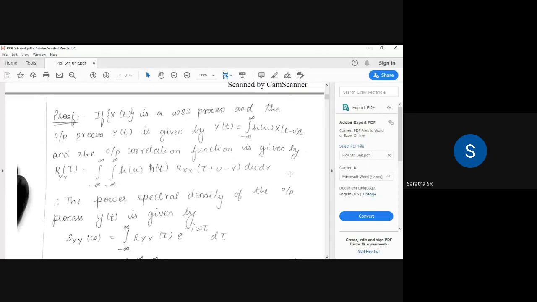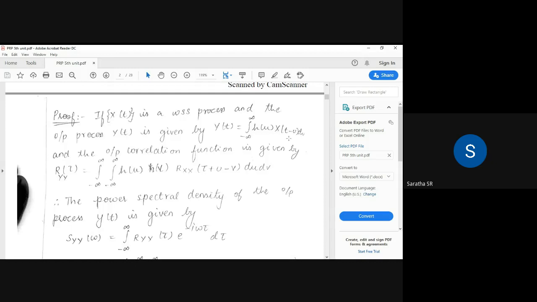If X(t) is a WSS process and the output process Y(t) is given by, we know this, Y(t) equal to integral from minus infinity to infinity h(u) X(t minus u) du.